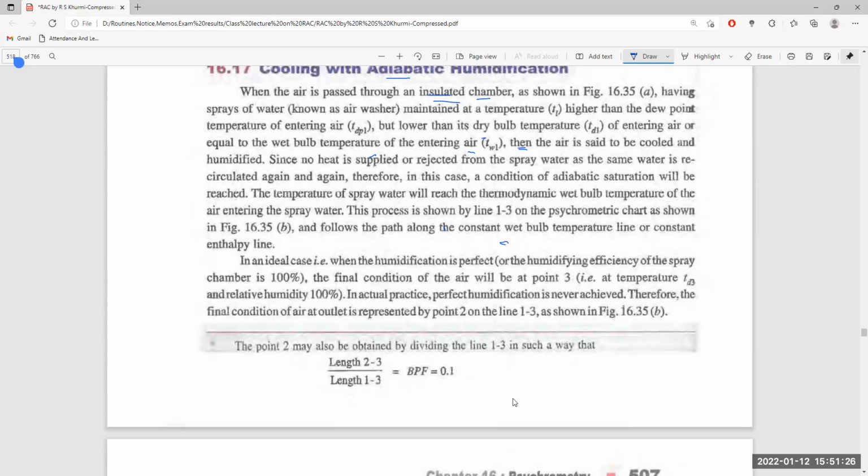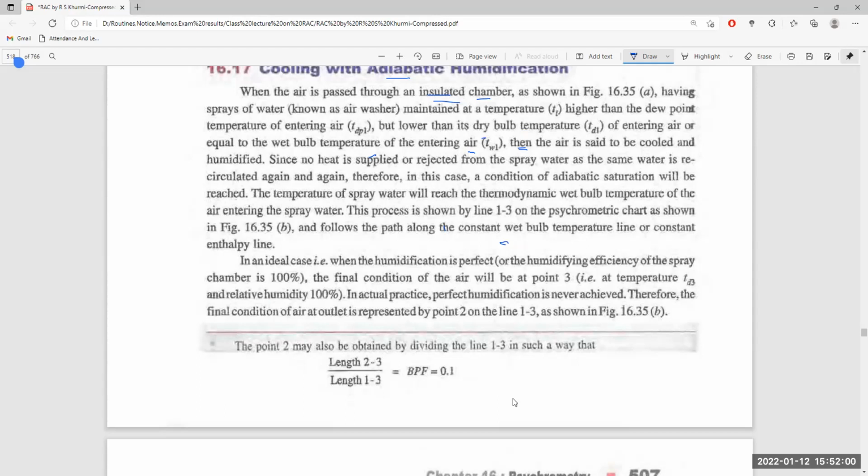In an ideal case, when the humidification is perfect, the humidifying efficiency of the spray is 100 percent, and it follows the path along the constant wet bulb temperature line or constant enthalpy line.